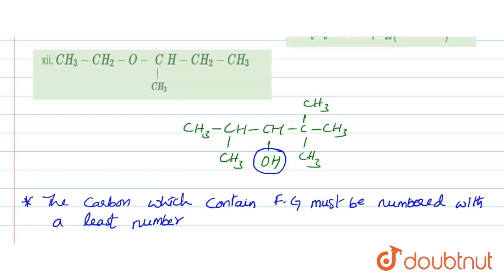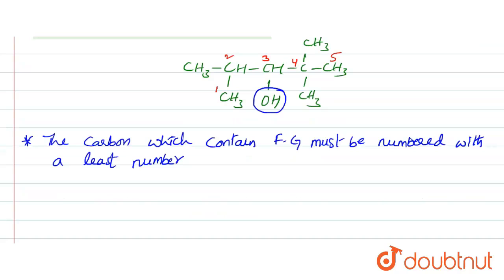So according to the rule, we have to give the numbering for the compound. So first we have to select the longest carbon chain. So longest carbon chain, here we have 5. So 1, 2, 3, 4, 5. This is the longest carbon chain here.